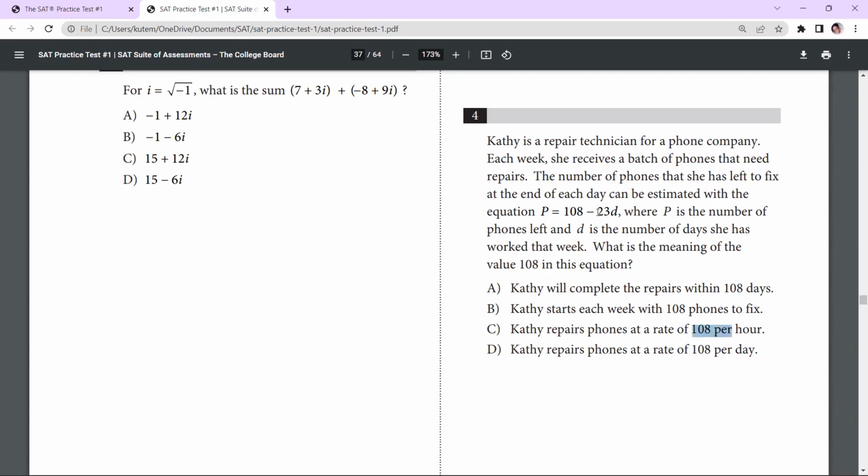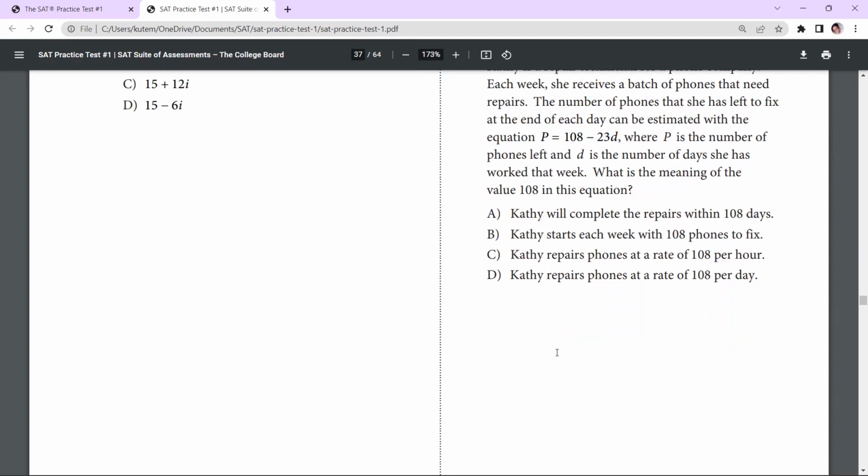That's wrong. D would be the one. Kathy repairs the phones at a rate of 108 per day, because we know D represents the number of days. So if it was 23, that would be our answer, because if we're subtracting 23 for every day that passes, it means that she's repairing 23 phones every day.